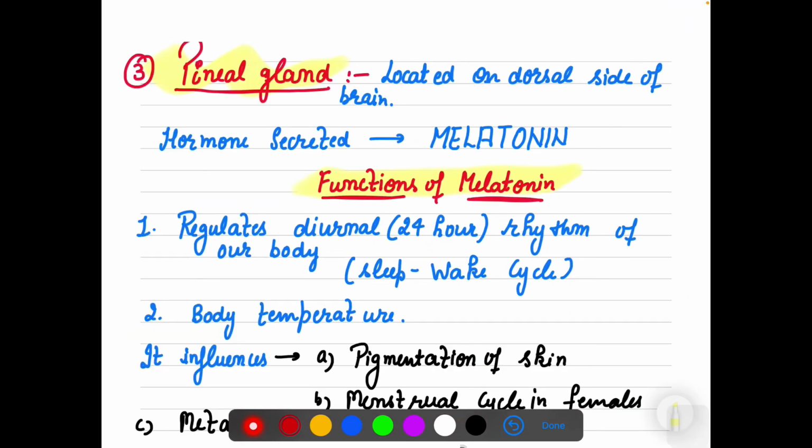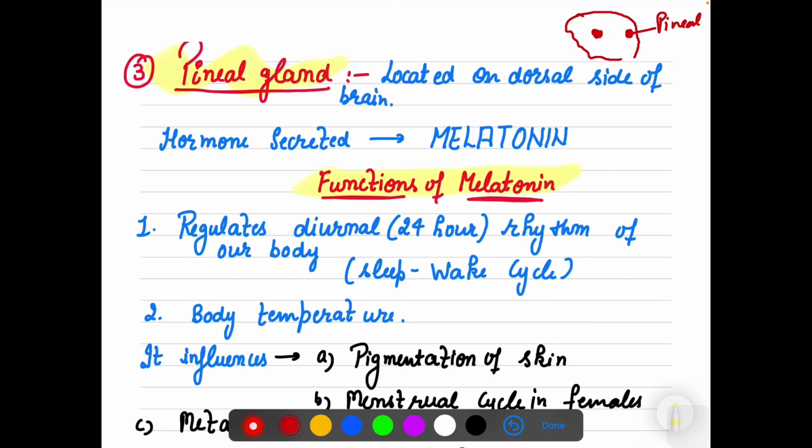Now the next gland we have to talk about is the pineal gland. It is located, if you recall that diagram, on the front side there was the pituitary, and on the dorsal side it was the pineal gland, right? The hormone secreted by this gland is melatonin.